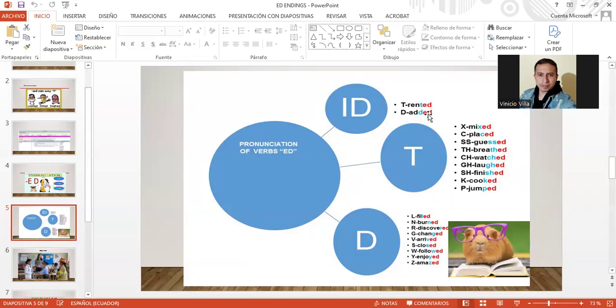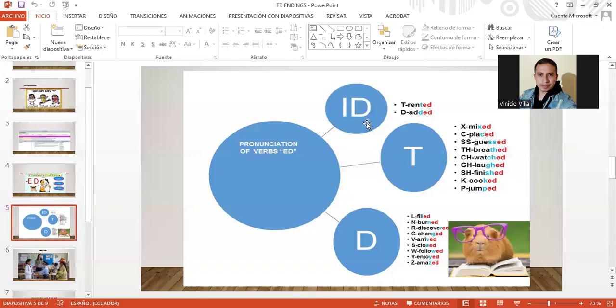The first group here, the T and D. Here, the X, C, S, H, K, P. And here, L, N, R, G, V, S, W, Y, Z. The objective here is to analyze each one of the light blue letters to have an idea of how to pronounce each verb in the past tense.